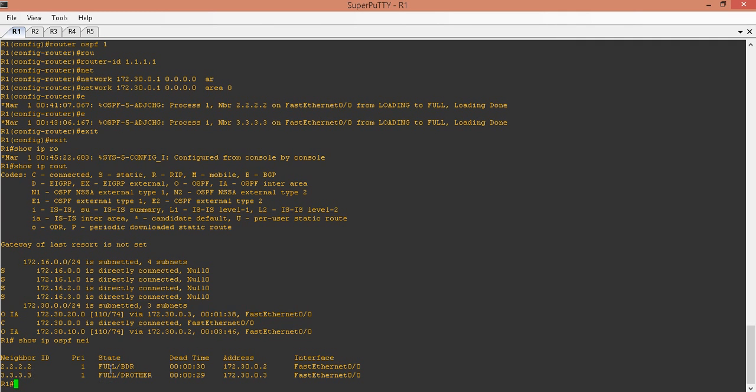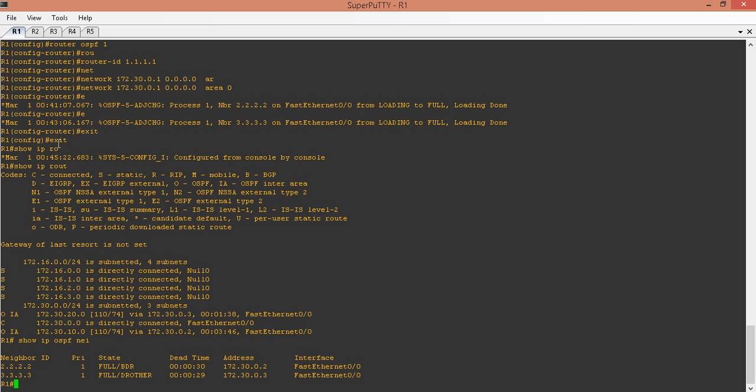The state is full, router 2 is the backup designated router, and router 3 is the designated router. You are supposed to know that. The designated router is there to receive the hello messages and all the update messages, and the backup designated router is also there for that purpose.